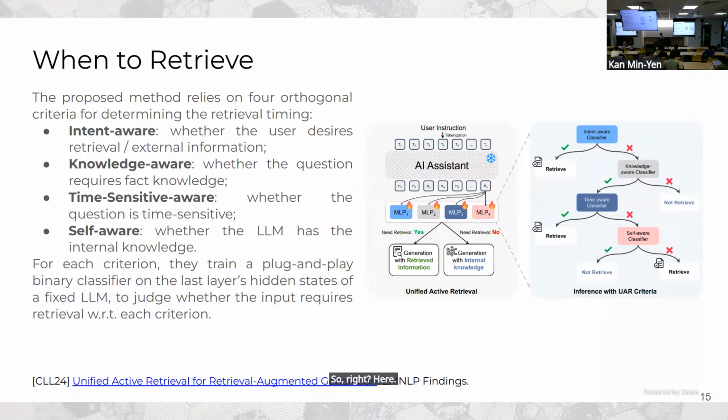Let's take intent-aware as an example. It means whether the user needs retrieval or external information.